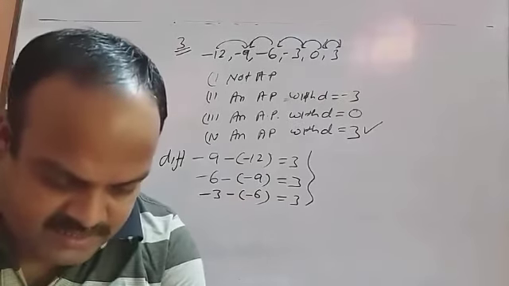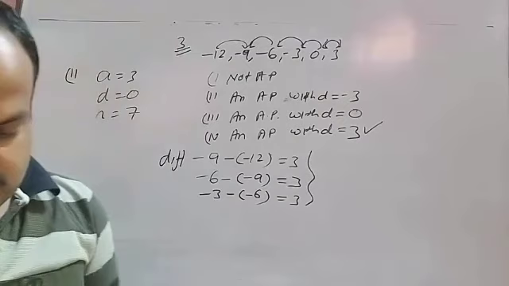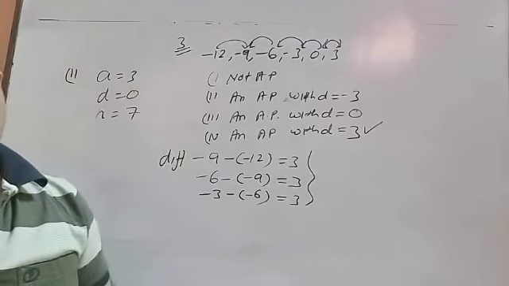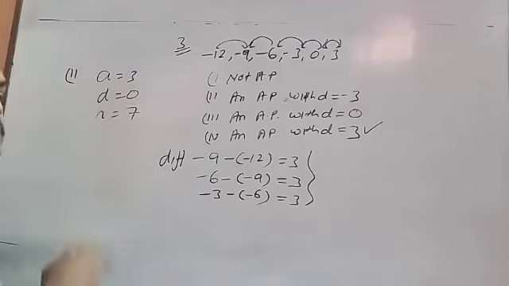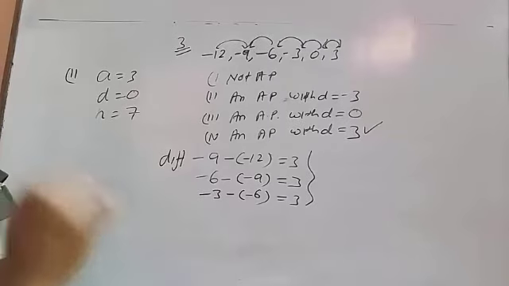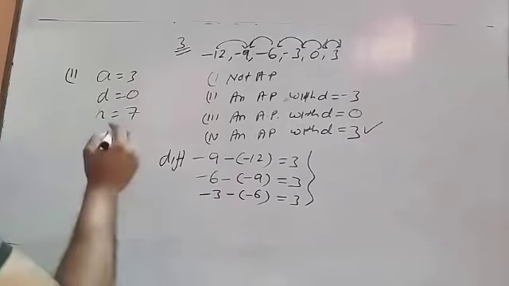Then AN will be, since D is 0, nothing is added, so the series will remain constant. There will be terms, but every term will be equal to 3.